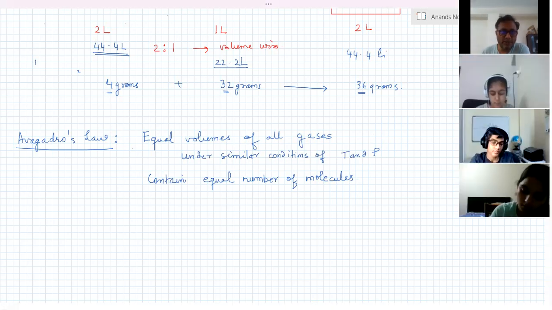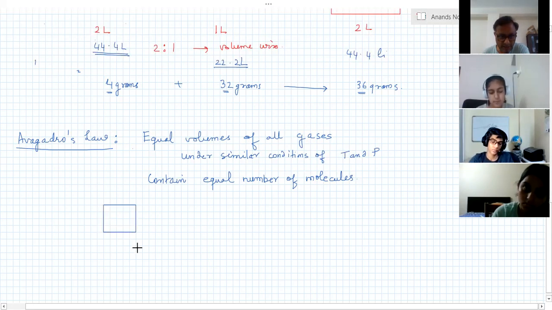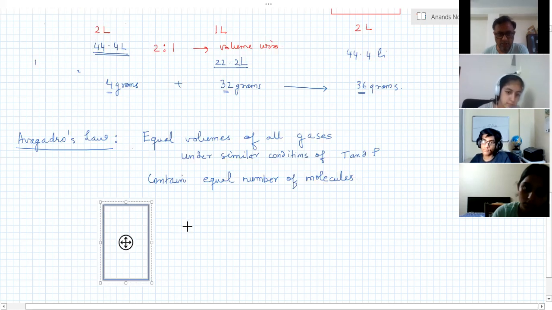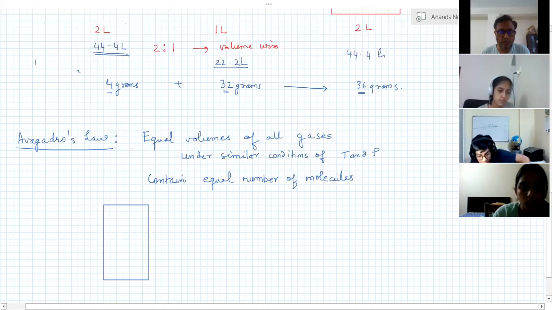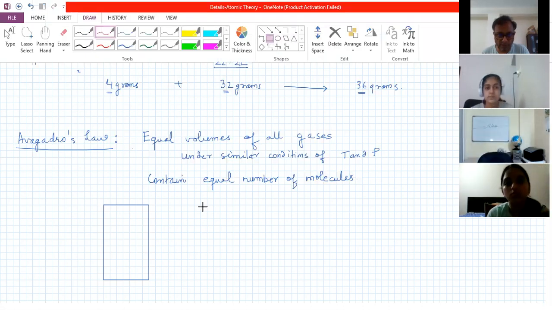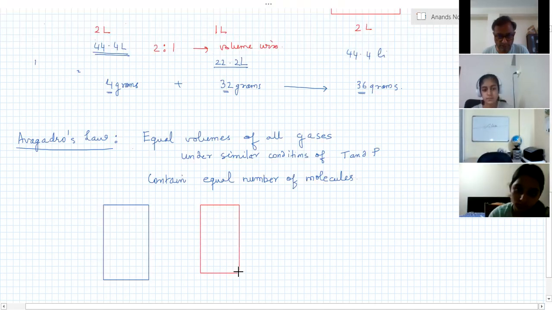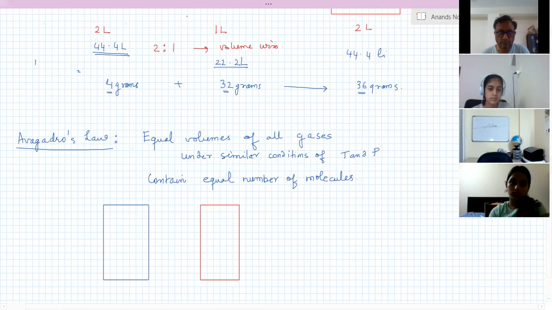Let's quickly put some diagram and try to understand. Here, I'm taking 1 liter of some gas, hydrogen. Then I'm also taking 1 liter of oxygen. Then I'm going to take 1 liter of nitrogen.